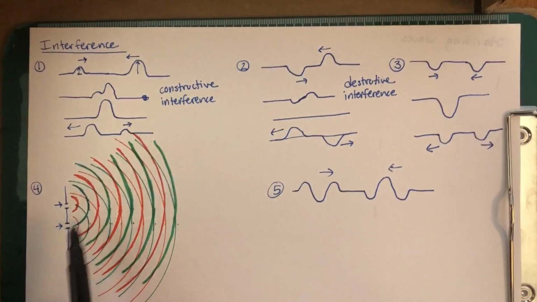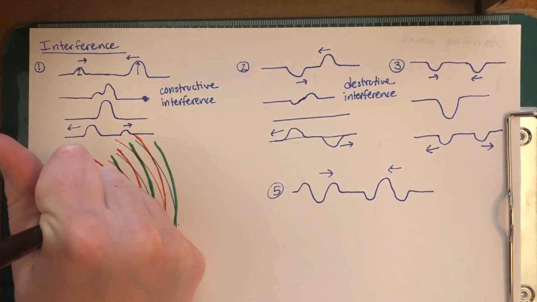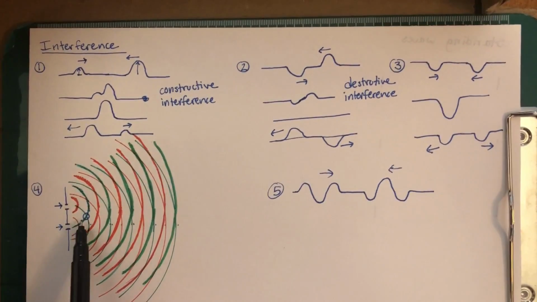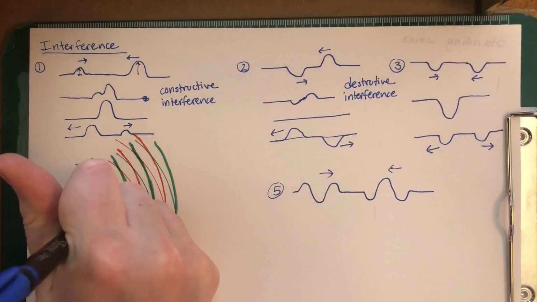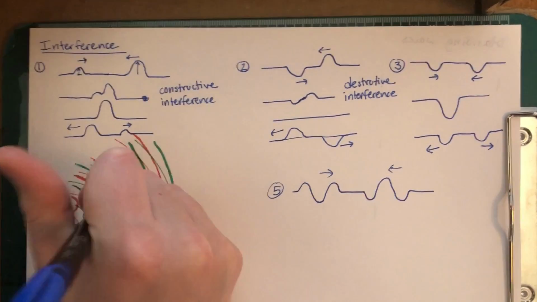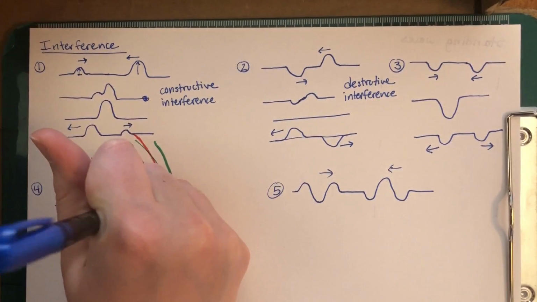Right down the middle, we see a peak and a peak, trough and a trough, peak and a peak, a trough and a trough.